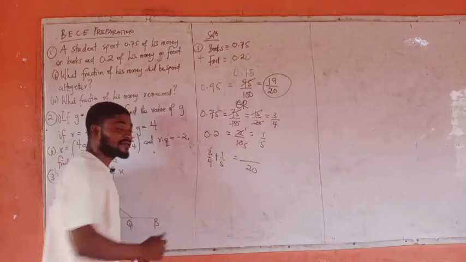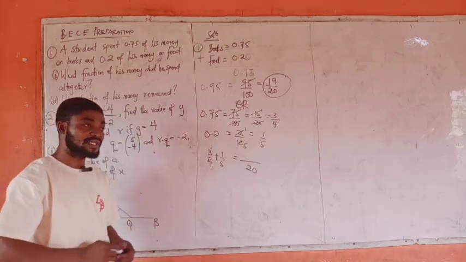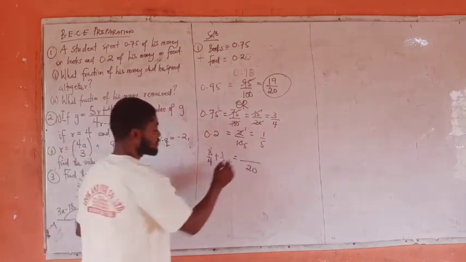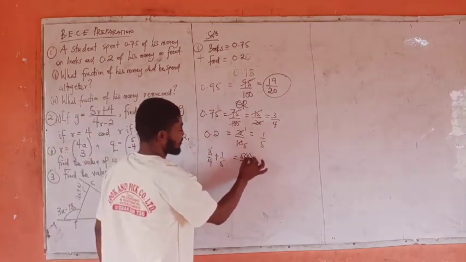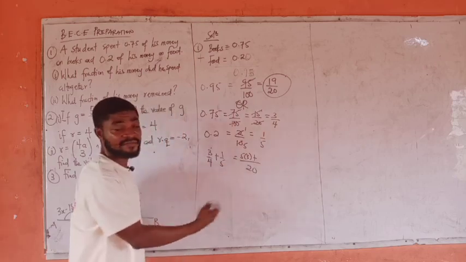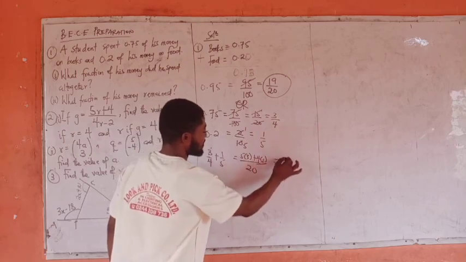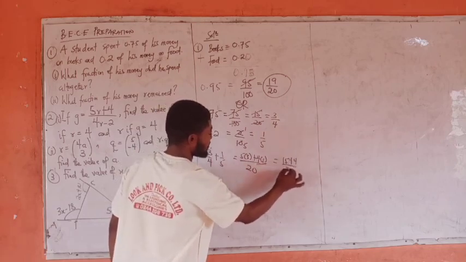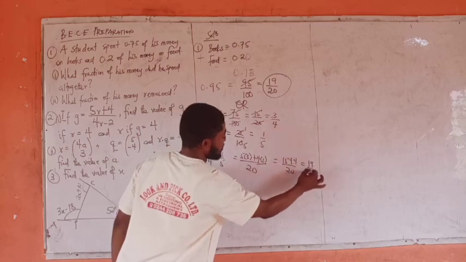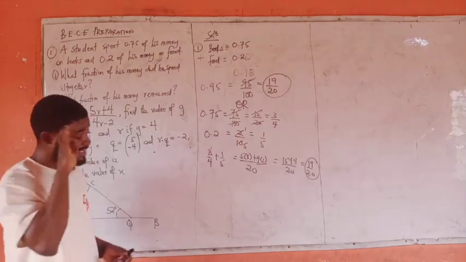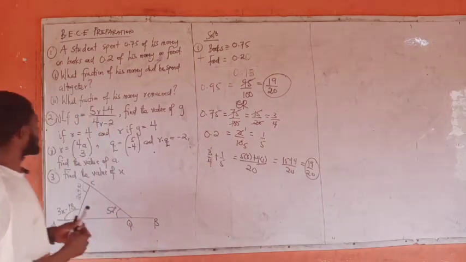That is 4 by 5, 20, the lowest common multiple. 4 goes into 20 5 times, 5 times 3, 15. 5 goes into 20 4 times, 4 times 1, 4. 15 plus 4 over 20. So either way, I get the same 19 out of 20. That is the first part.